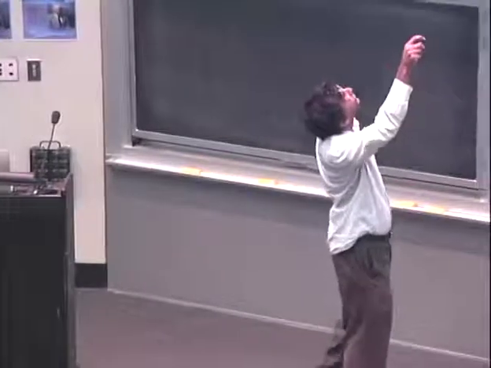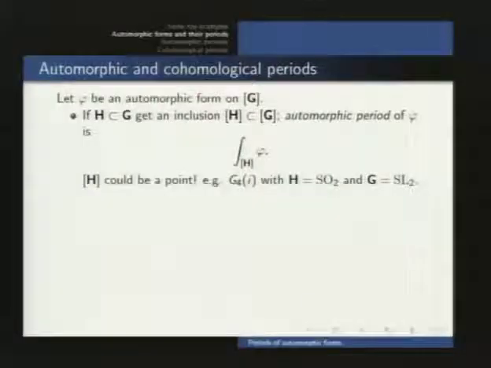If you have a subgroup H of G, you get an inclusion of the sort of space for H in the space for G. And I'll define the automorphic period to be just the integral of phi over that space. Okay, that's a very general definition. It's not always going to give something useful, but, okay, H, this space could be a point.